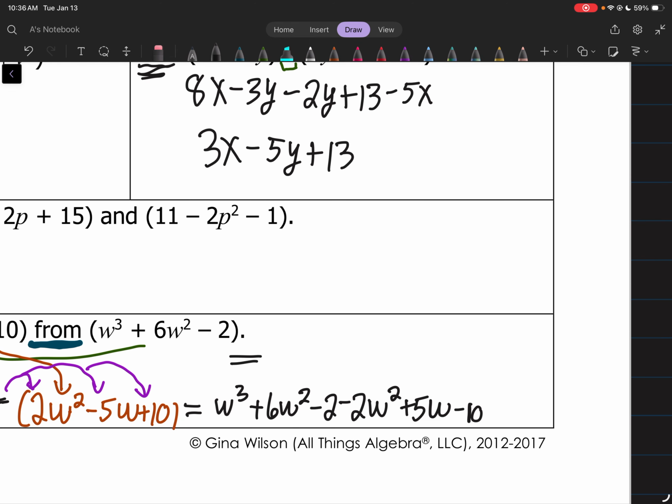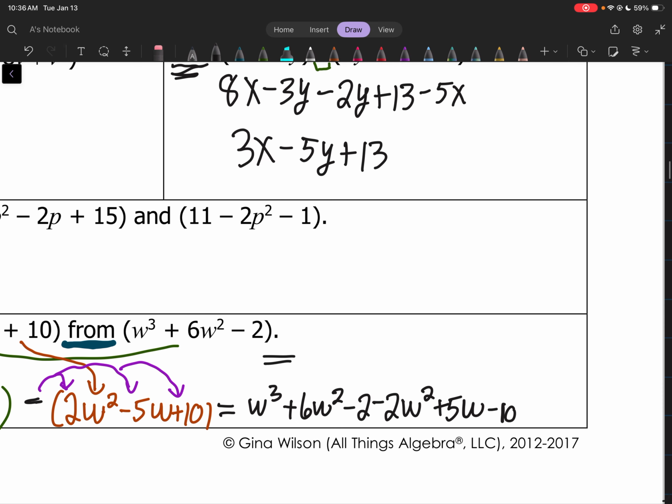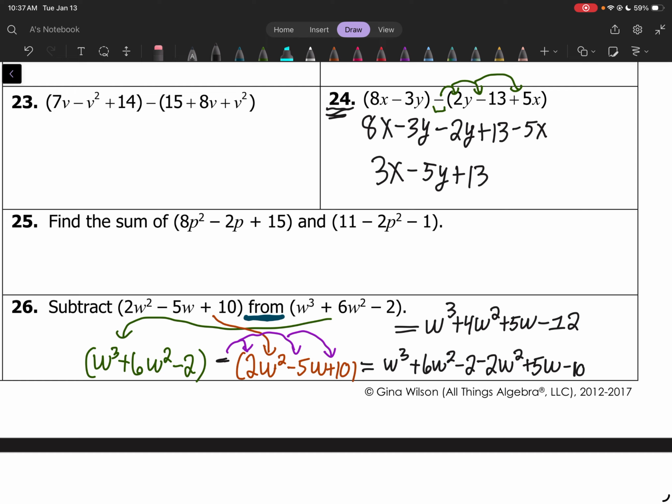This now will simplify into w cubed plus 4w squared plus 5w minus 12. And we are finished.